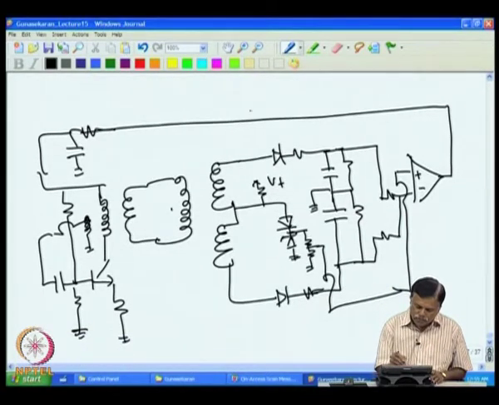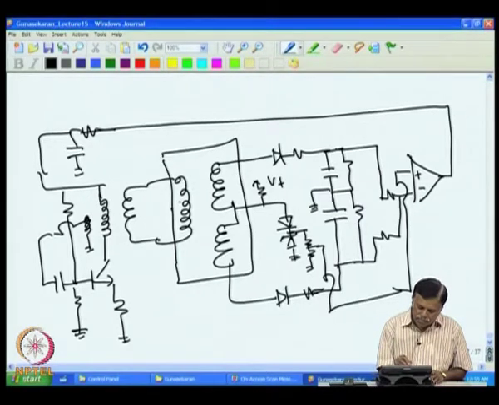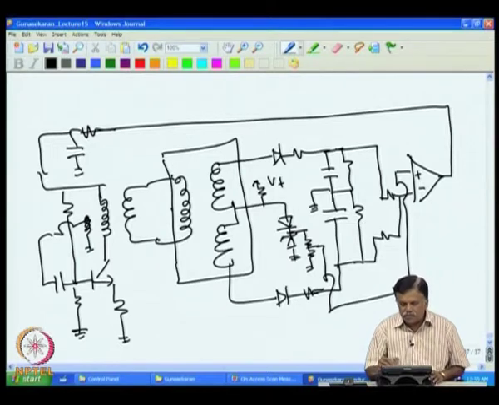This is the LVDT. Now, even if the temperature of this changes, you will not get any change in V1 and V2, V1 plus V2 will be constant.